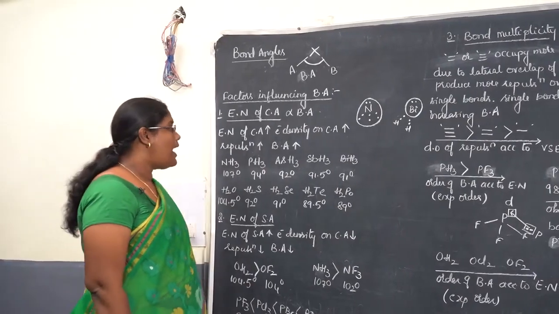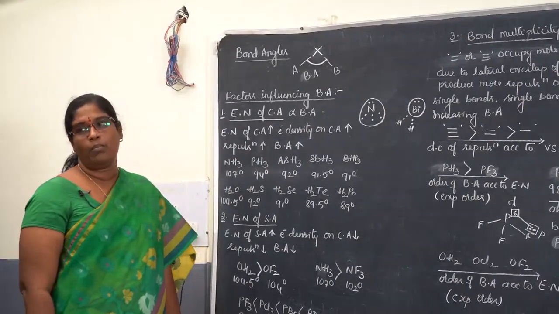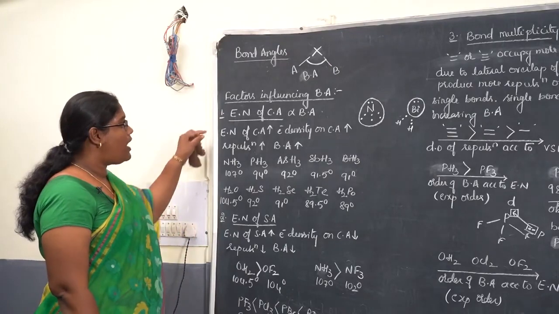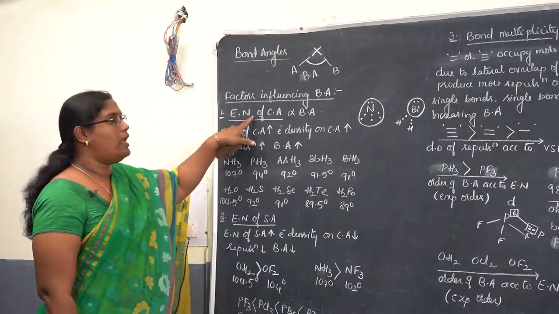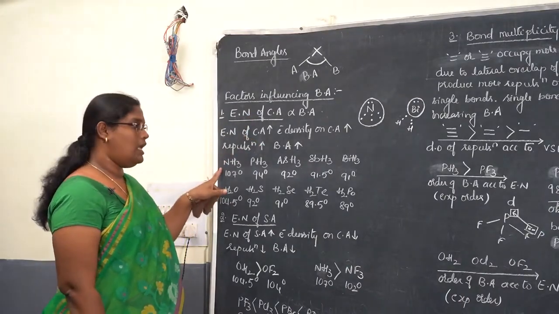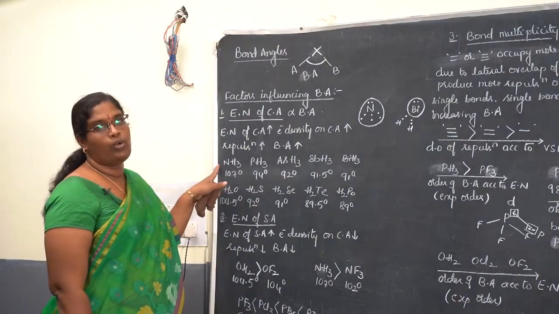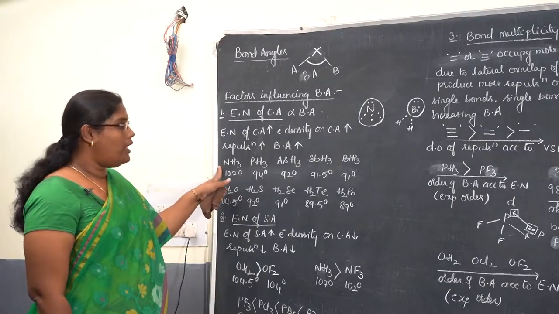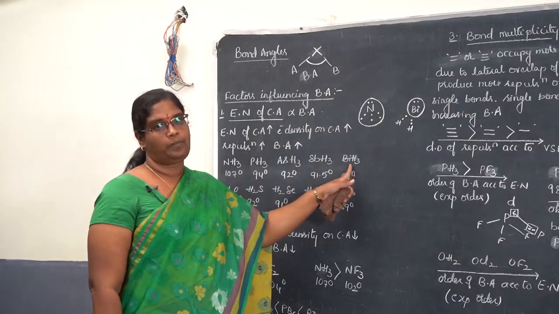And what are the factors that influence the bond angle? The first factor is the electronegativity of the central atom. For this, we are taking the set of fifth group hydrides, ammonia to bismuthine.